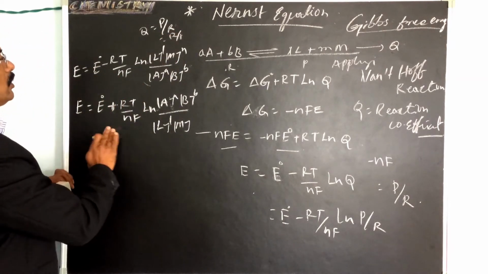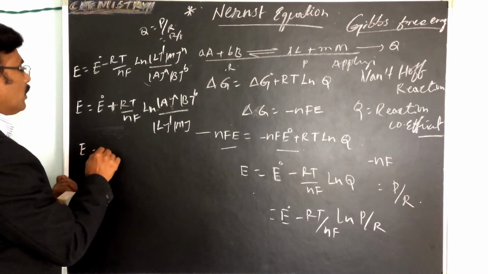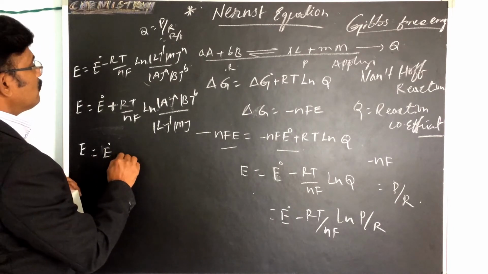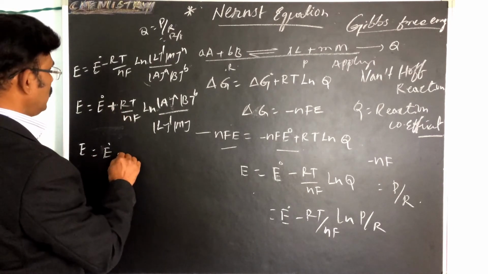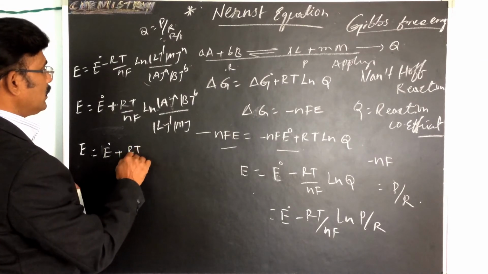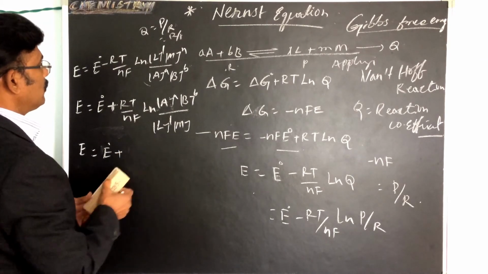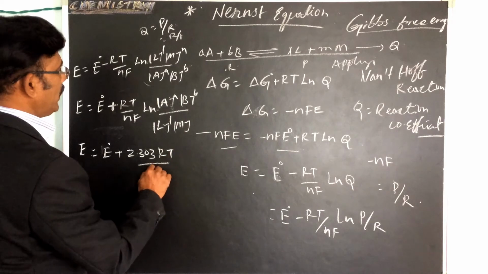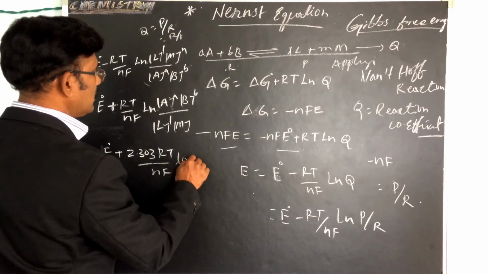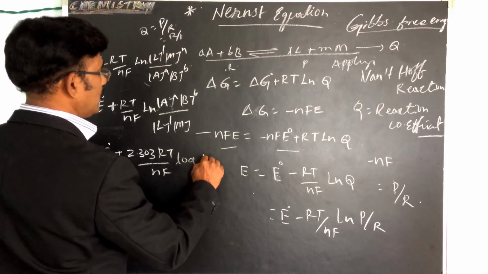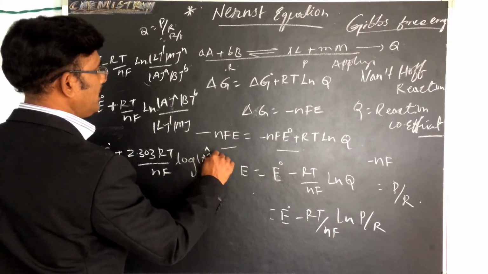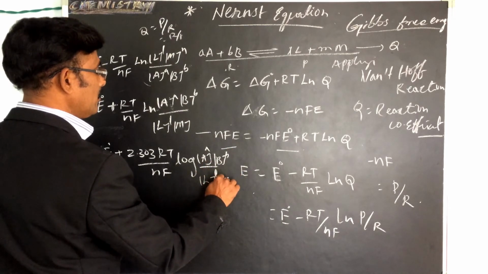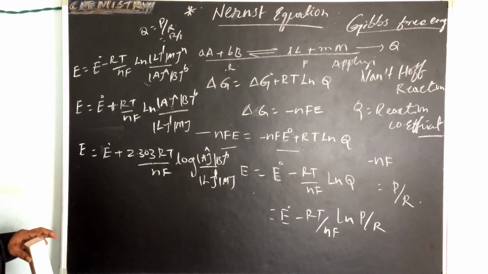If we use log, we get plus 2.303 RT by NF log of A B by L M.